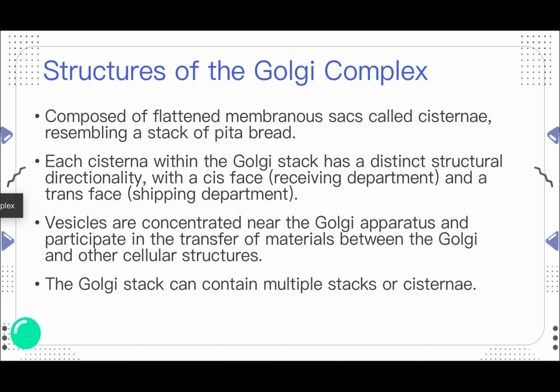Now, back to the Golgi apparatus, each cisterna within the Golgi stack has a distinct structural directionality with a cis face and a trans face, like the same cis and trans as cis fats and trans fats. Now, the cis face would be the receiving department, and the trans face would be the shipping department.